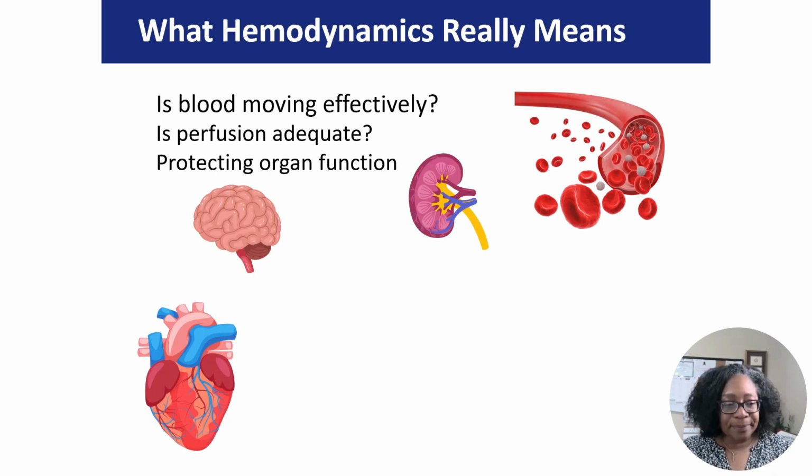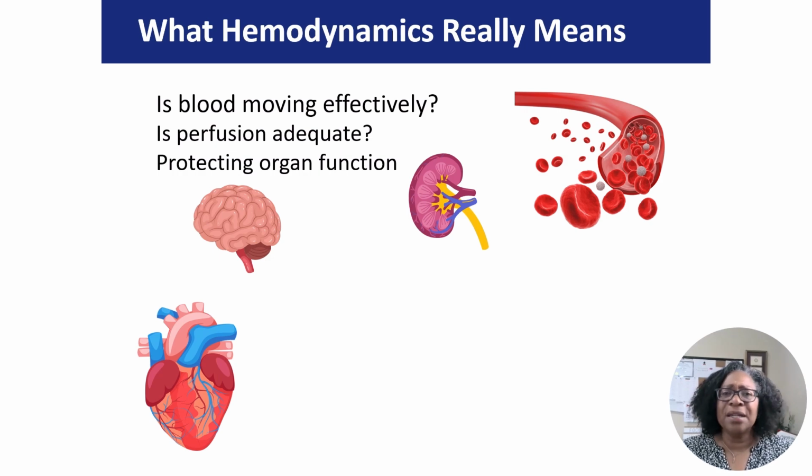So let's start. What in the world is hemodynamics, right? Well, hemodynamics is simply how well the blood is moving in the body. That's it. How well is the blood moving in the body? Hemodynamics really answers one question, and we've said it already.